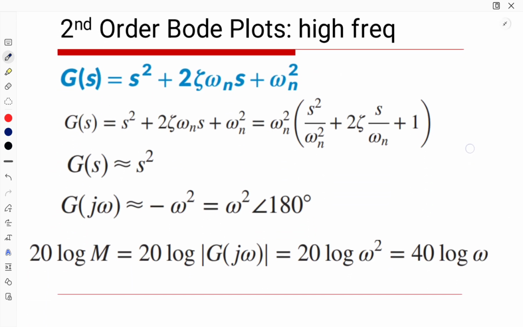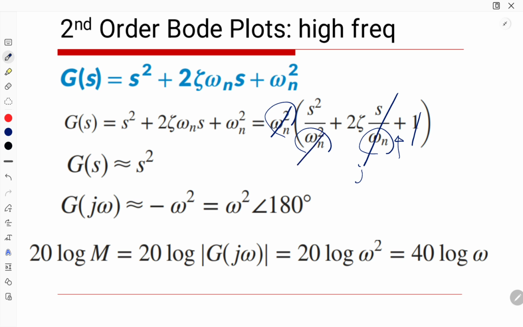So continuing on, what if it is at high frequency? At high frequency, when omega n is high, that term is insignificant.